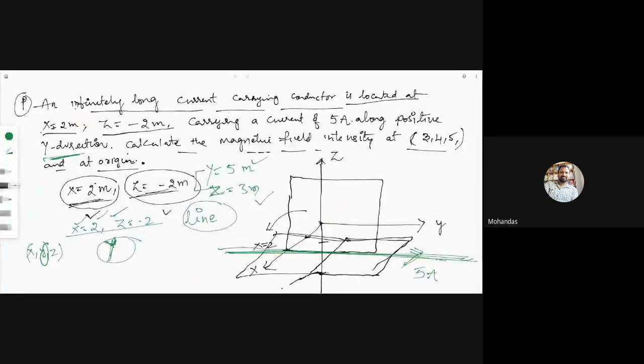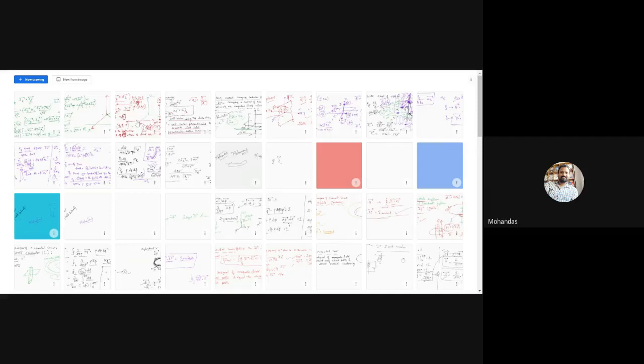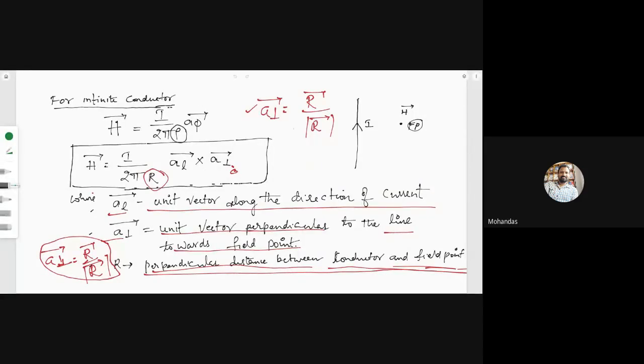This is not first one. Take this screenshot for infinite conductor. Venu కనిపిస్తుందమ్మా ఇది for infinite conductor formula? Yes, sir. Take the screenshot of this. Next.